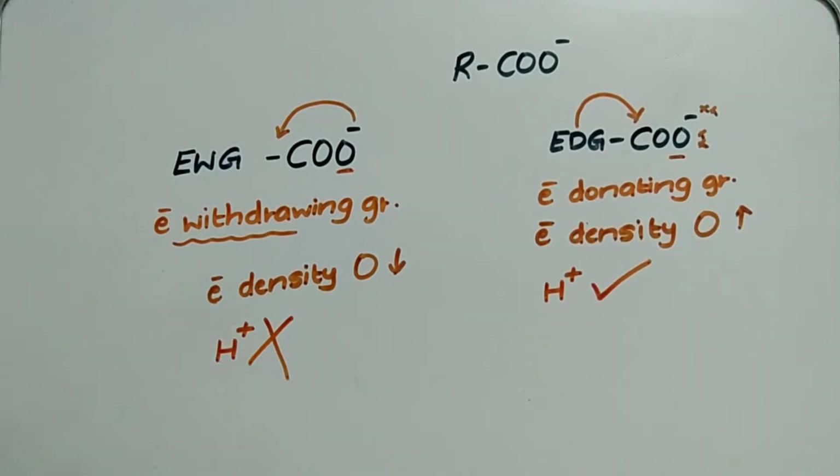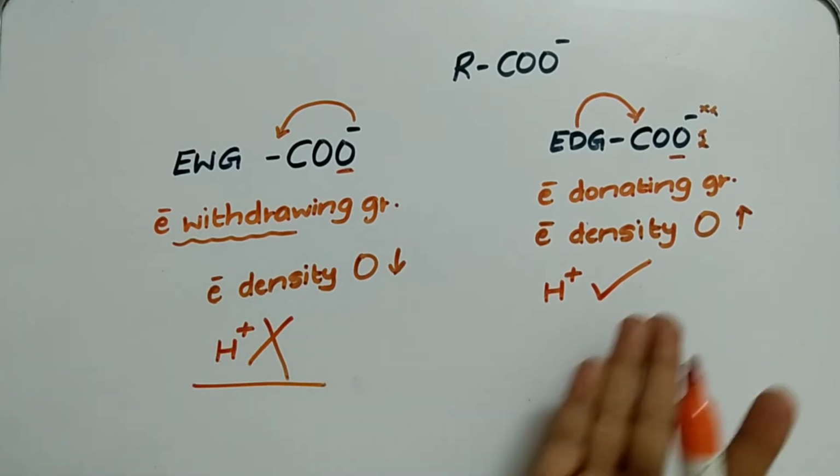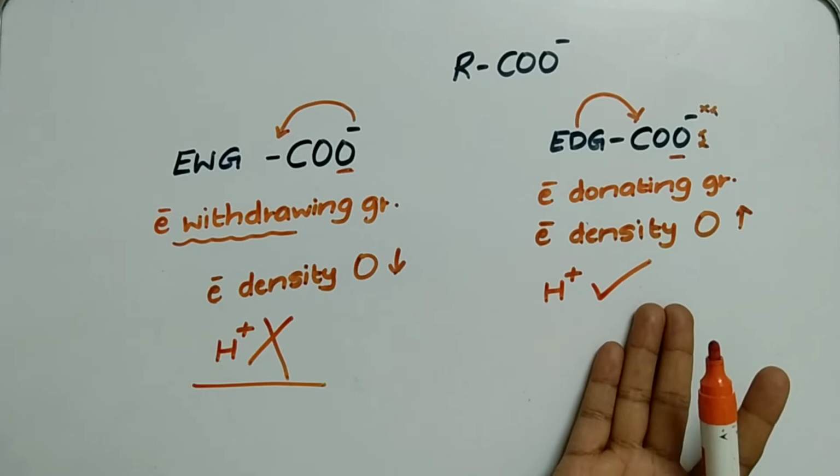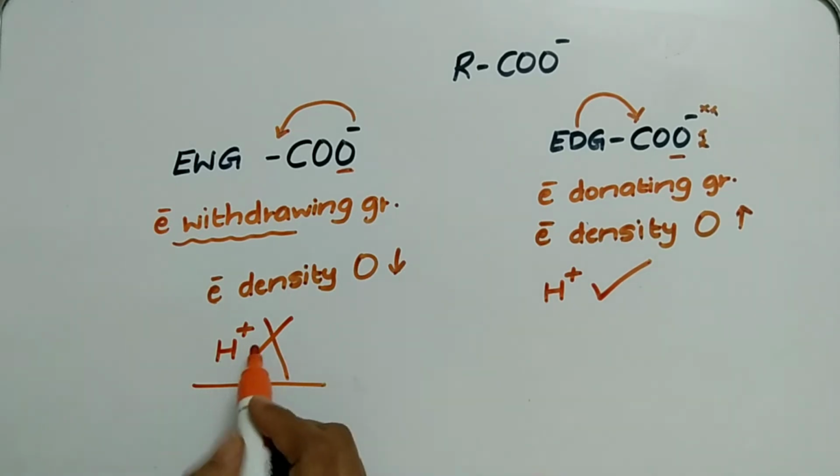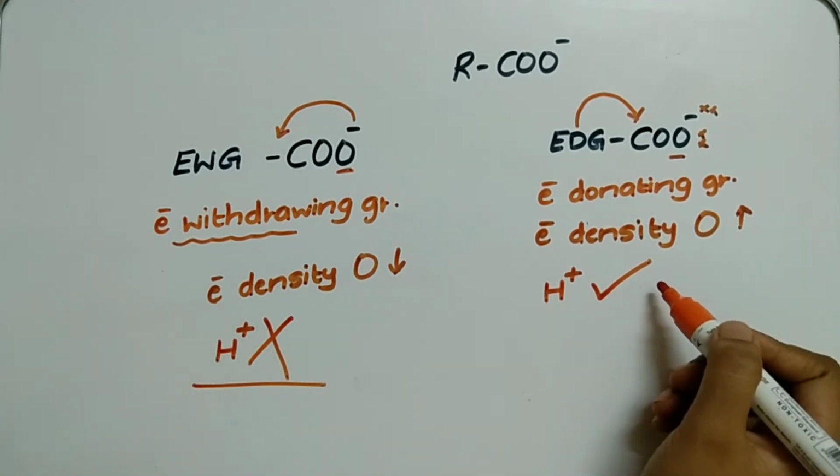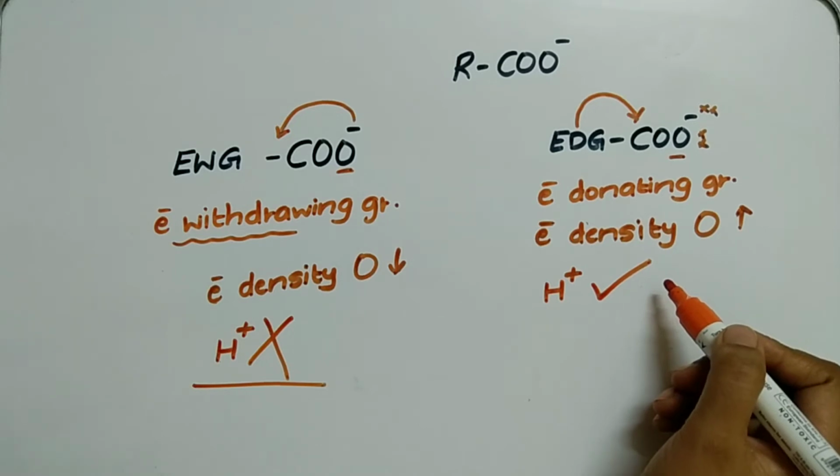Now what is a simple definition of acids? The species which can donate a proton. Correct, donation. It will donate a proton. So which is donating a proton here? This one. It is not accepting. But over here it is accepting. Here it is not accepting. Here it is accepting. Correct.